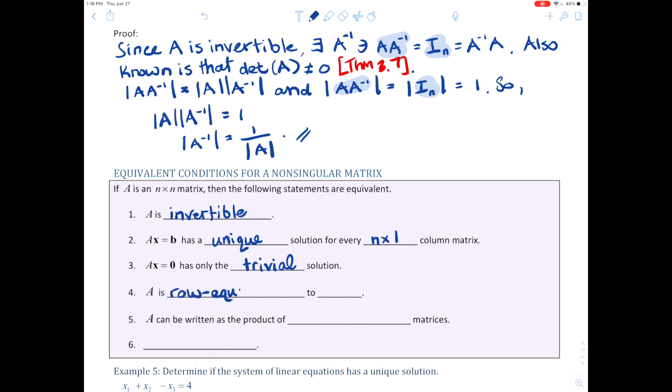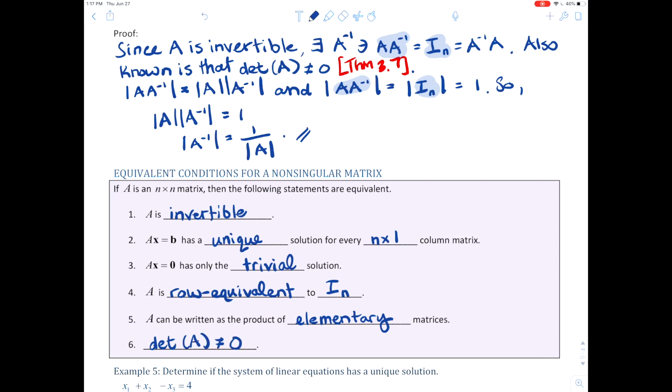These are all ones we had before. Beautiful. To In. A can be written as the product of elementary matrices. Now we're adding another one here: the determinant of A is non-zero.